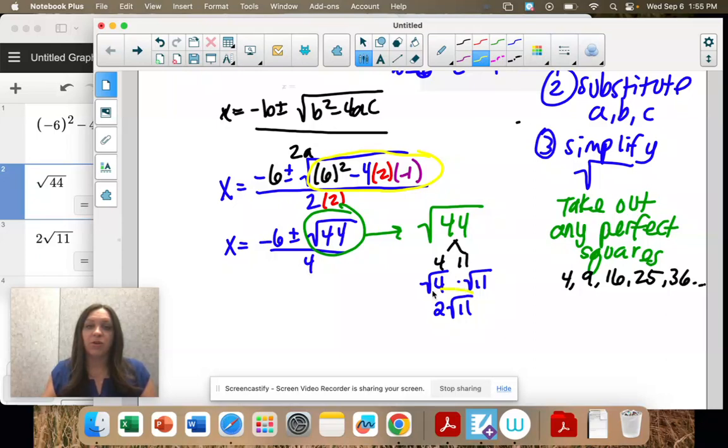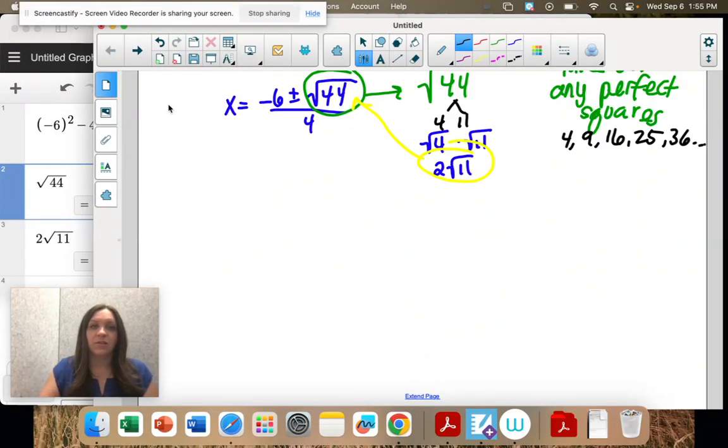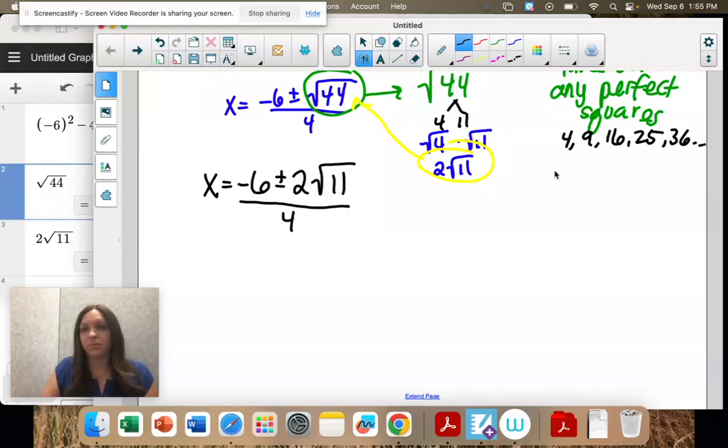So I'm going to go put this here. And let me move that. So now I have x equals negative 6 plus or minus 2 square roots of 11 divided by 4.